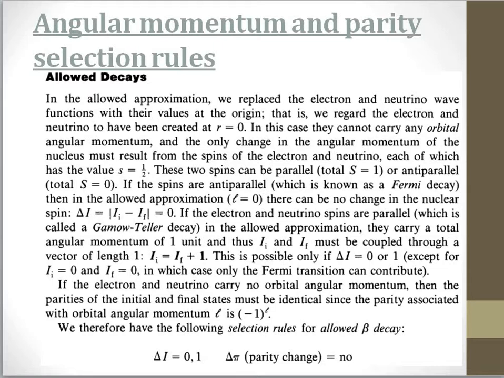The emitted particles are electrons and neutrinos. So the total angular momentum of the neutrino-electron pair plus the angular momentum of the daughter nucleus should be equal to the angular momentum of the parent nucleus.